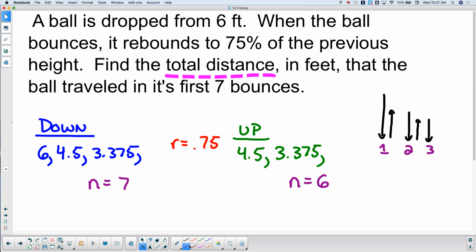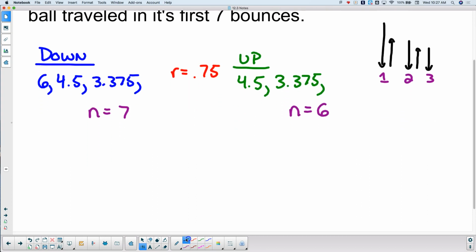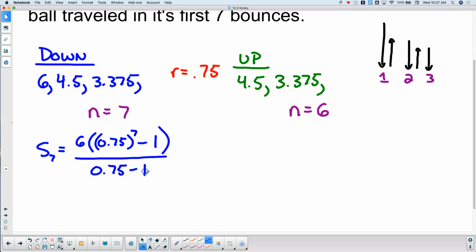Okay? So we got it all situated now. The sum of the first 7 downs is going to be 6 as my first term, 0.75 is my R value, 7 is my N. Six, open parentheses, 0.75 raised to the 7th, then minus 1, all of that divided by 0.75 minus 1.